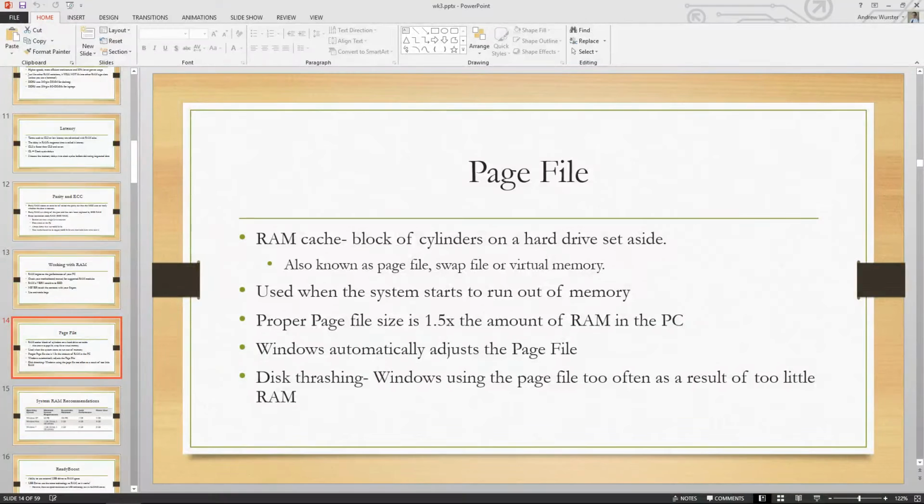So the page file you can think of is a file on the hard drive that's used in case the RAM is used up. So if the RAM gets fully utilized, the page file will start getting used by the operating system and the programs that need RAM instead of RAM. Now, the reason this is used after RAM is because it's much slower to use a page file than it is to use the actual RAM itself.